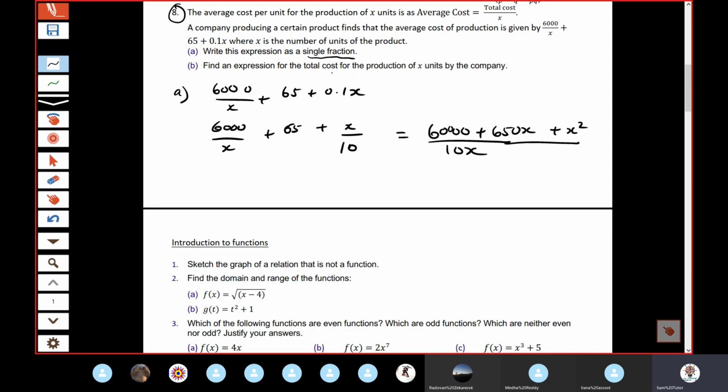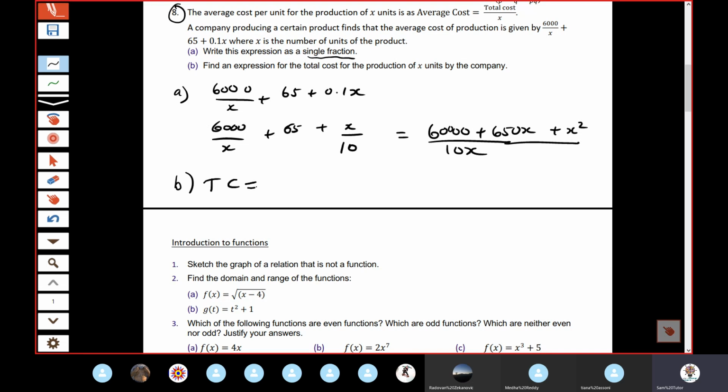Find an expression for the total cost for production of X units by the company. Find the total cost for the production of X units by the company. Well, if the average cost is total cost on X, that means total cost is average cost times x.